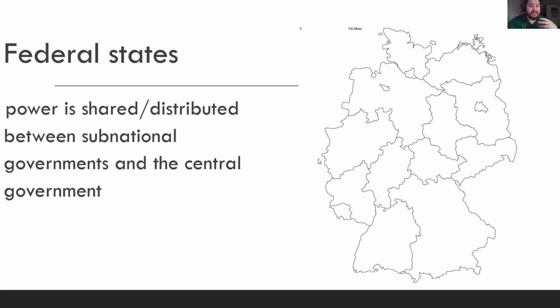Or at the very least, it's easier to address local issues if the local government has the power to address those issues. You can think of our city ordinances right now, having different laws or policies on going out and wearing face masks and things like that. That's all at the discretion of local governments. And that's part of their federal distribution of powers.